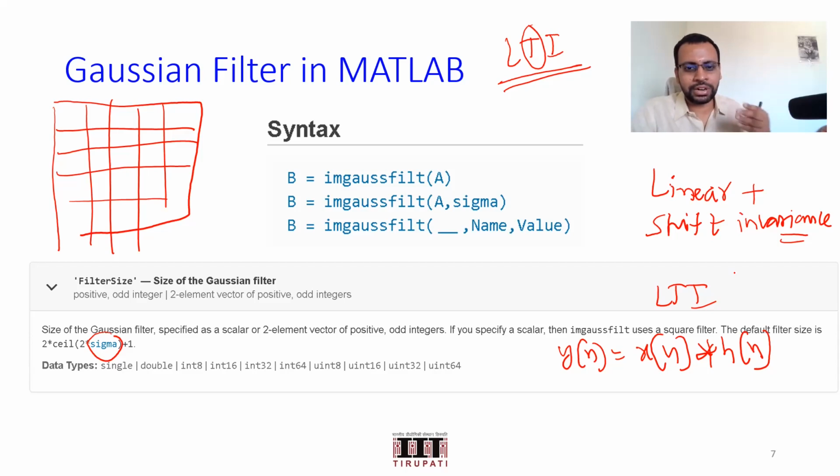For example, I could fabricate a situation where I know the noise is varying in a particular region of the image. Don't ask me for what reason, otherwise I would have to fabricate further. But good enough for now is that your noise is varying over an image. So you cannot apply the same filter everywhere. So shift invariance has to be there.